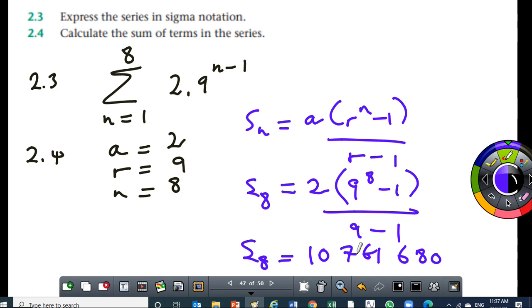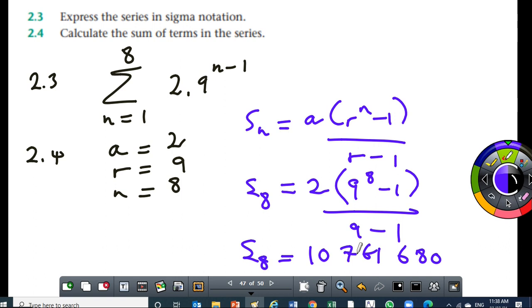What's the number of terms? The number of terms is 8. If you say 8 minus 1 plus 1, it gives you 8. Yes. That's how you calculate the number of terms. In my case, I don't need that formula because I know that if you are starting from n equal to 1 up to n equal to 8, there are 8 numbers.